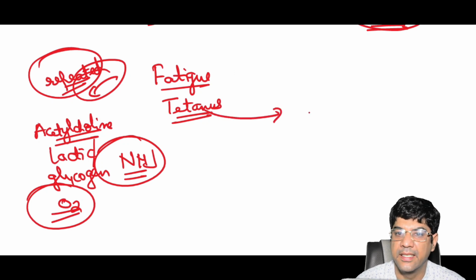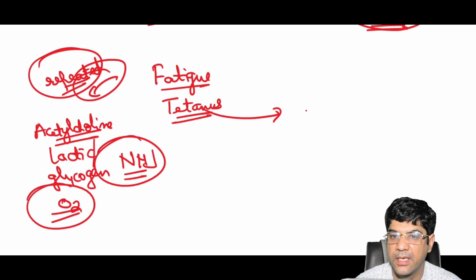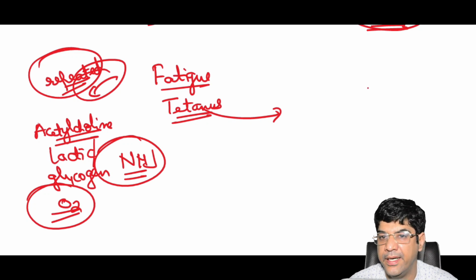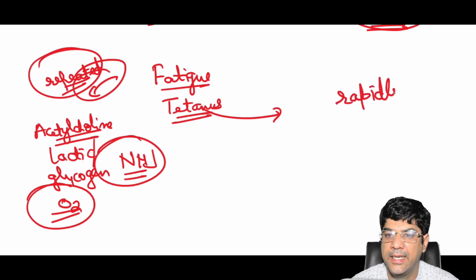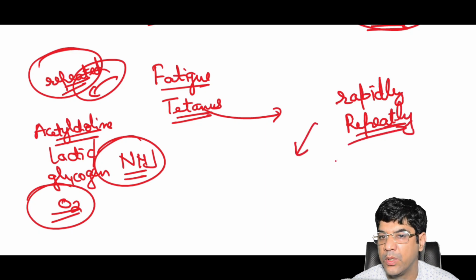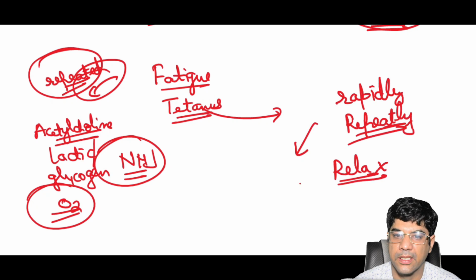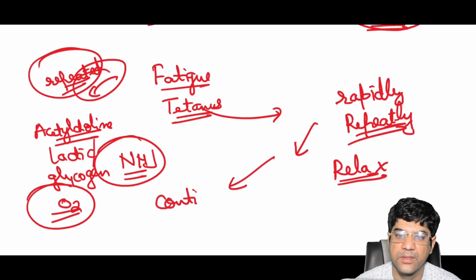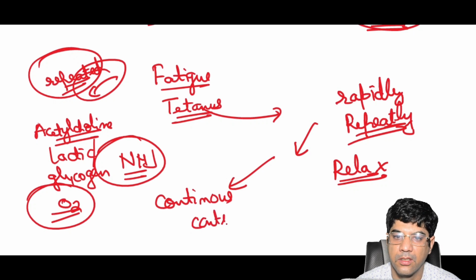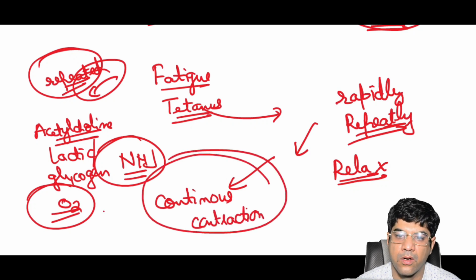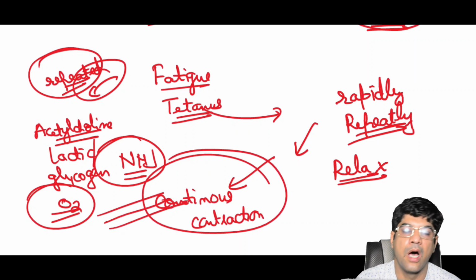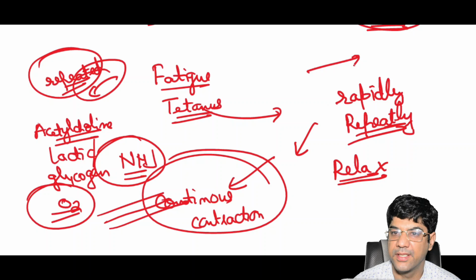The other is tetanus. Tetanus is a state of sustained muscular contraction resulting from high frequency stimulation. When the stimuli are delivered repeatedly, the muscle does not have any time to relax between contractions, which leads to continuous contraction. So tetanus is a sustained contraction that occurs due to high frequency stimuli. Pathological tetanus is also known as lockjaw.